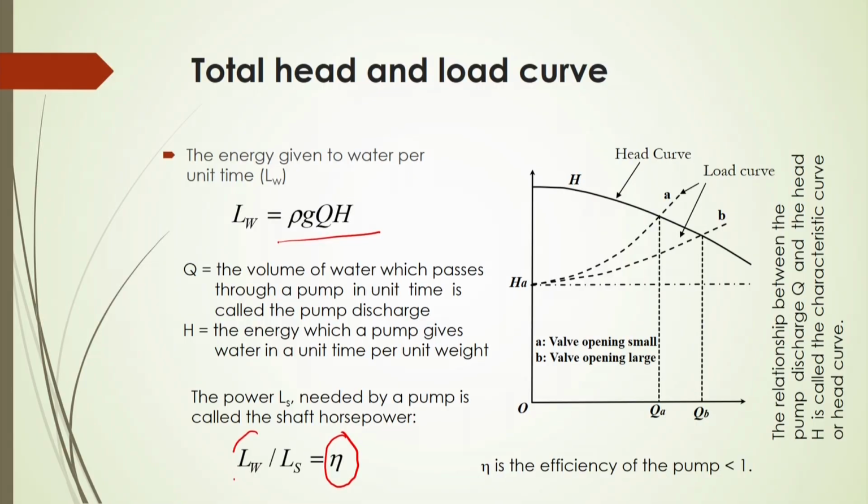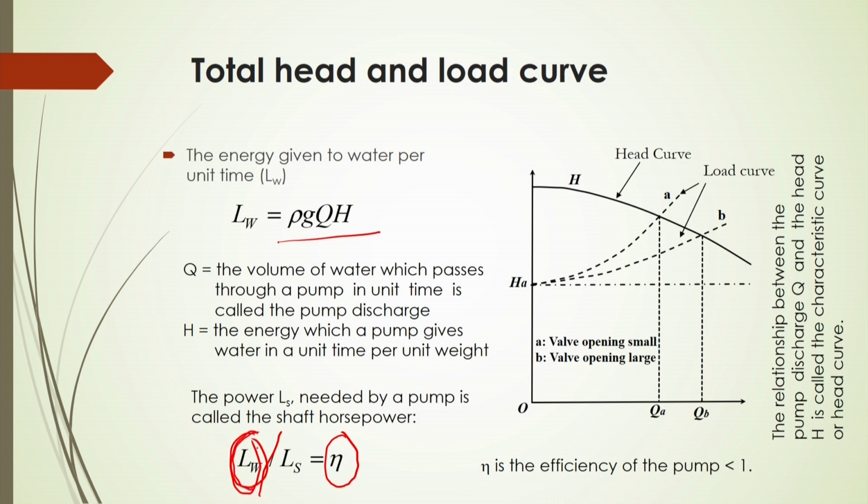So, there will be a certain efficiency of the pump based on the loss of this energy. That efficiency can be calculated as the energy given to the water per unit time, L_W, divided by L_S, the power required by the pump.